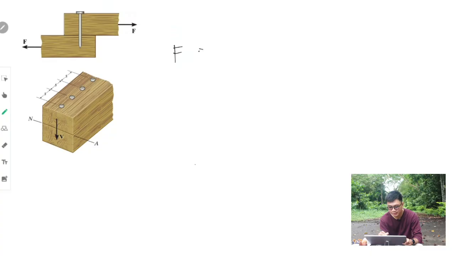So we have this formula. If your F is given, then we just multiply q and the spacing. Therefore, to get the spacing of your nails or bolts or whatever fasteners, all you have to do is F over q.